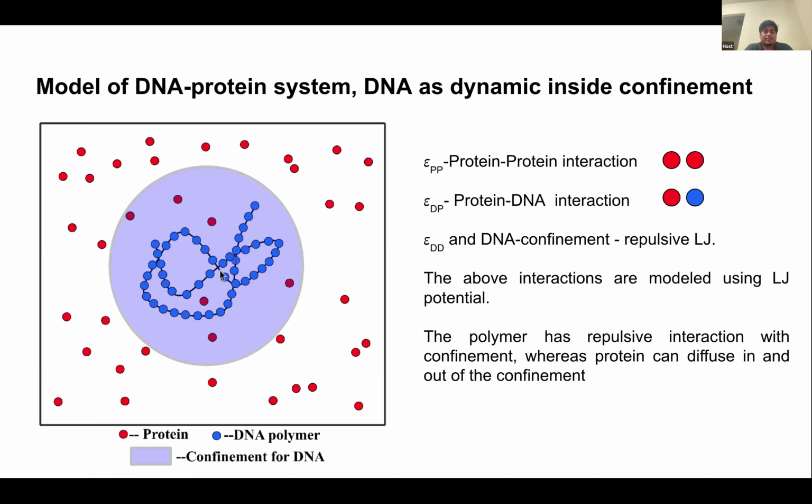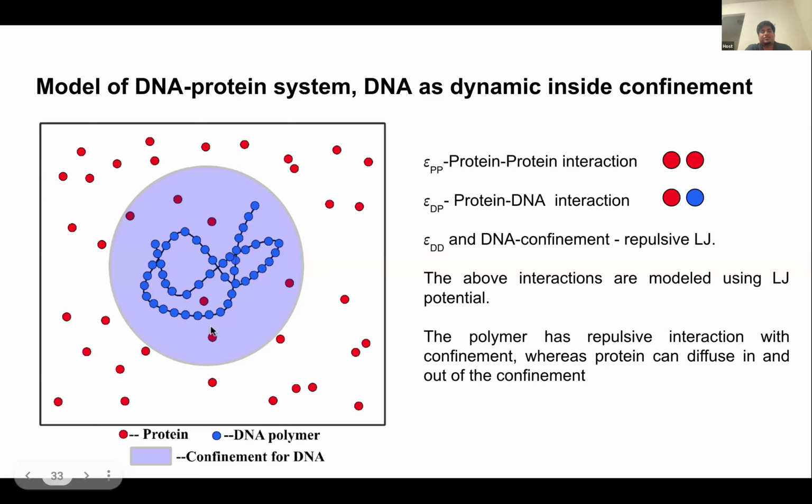Here we didn't give any interaction epsilon dd. We gave just a repulsive interaction between the polymer chain, and we gave a confinement where the polymer can freely diffuse but only within the confinement. It can't move away from the confinement, but proteins can move inside and outside the confinement.